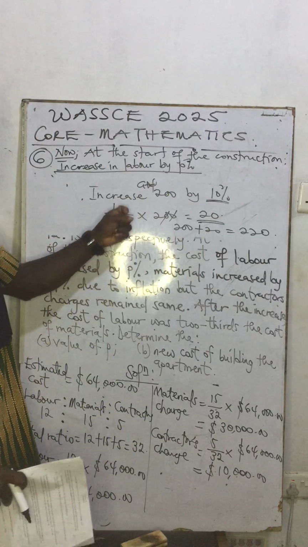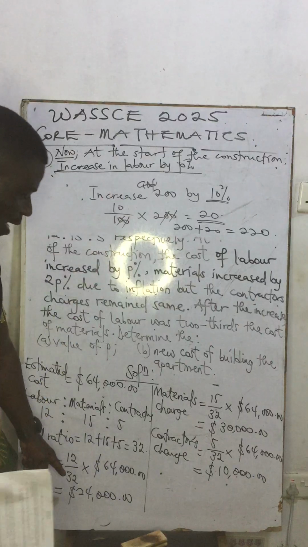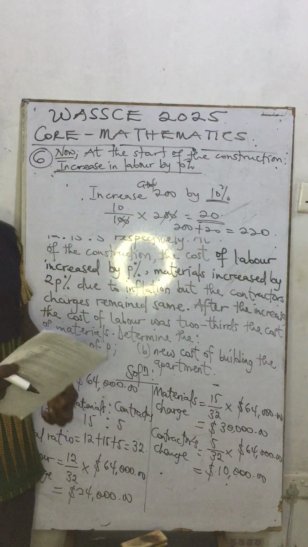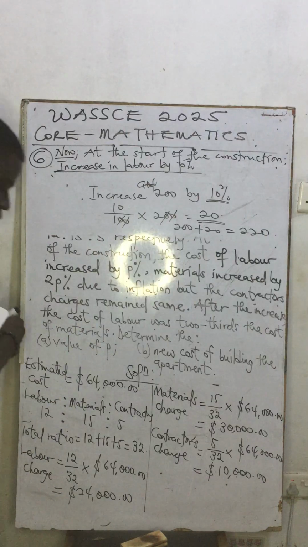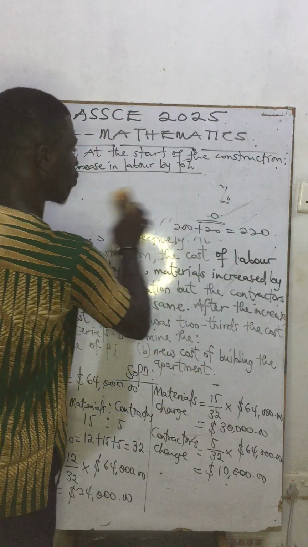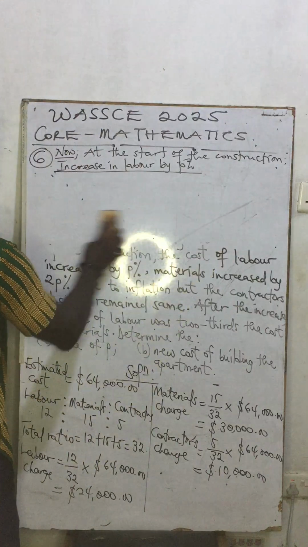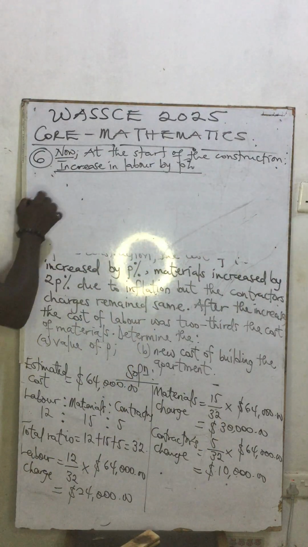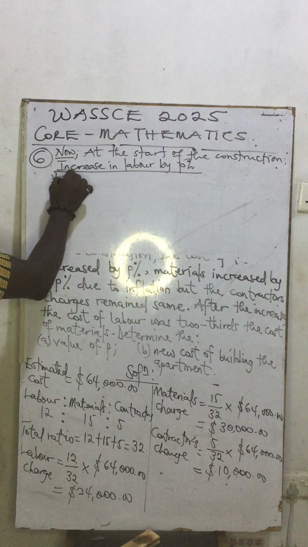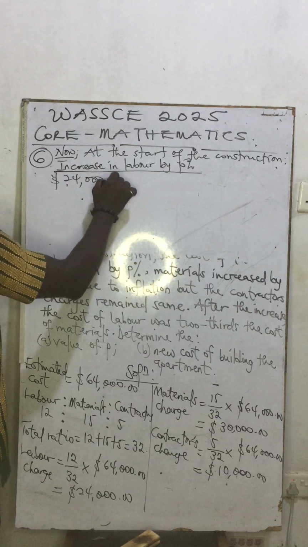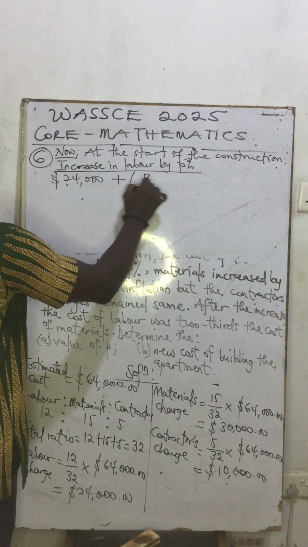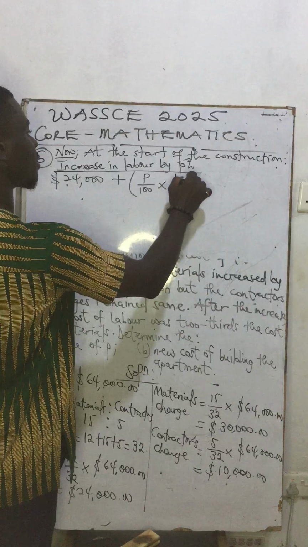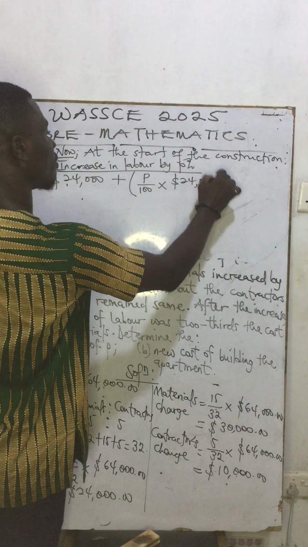So here, our P% is, let's say, 10. We just find P% of the amount, 24,000, then we add it to the initial amount. That's what we are coming to do. So the increase in labor by P% will be 24,000 plus P over 100 times $24,000.